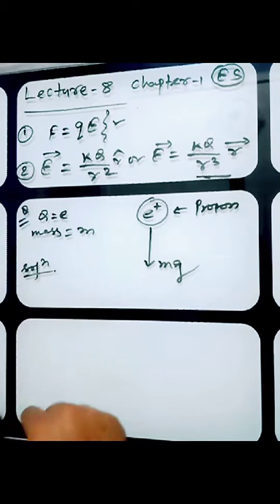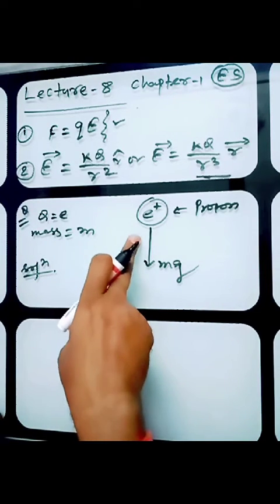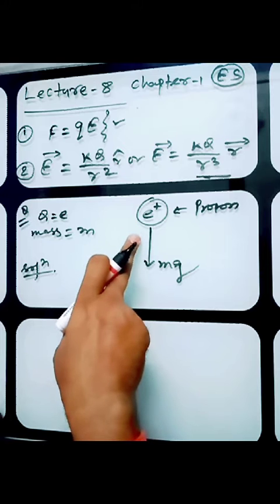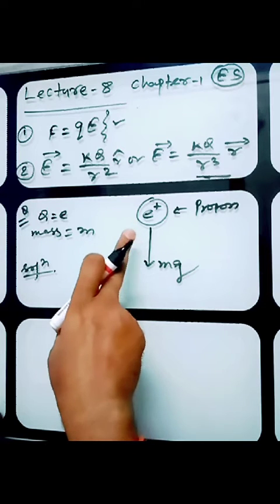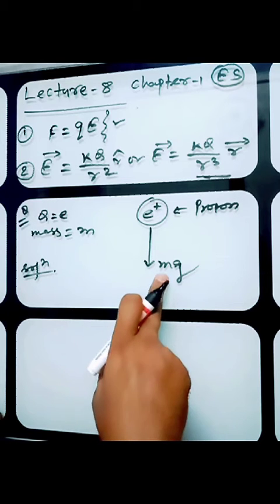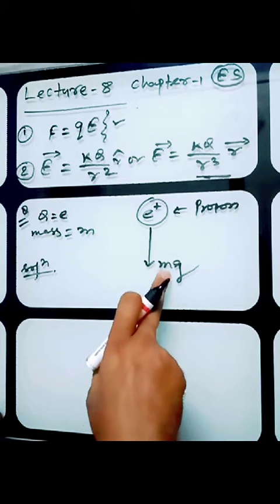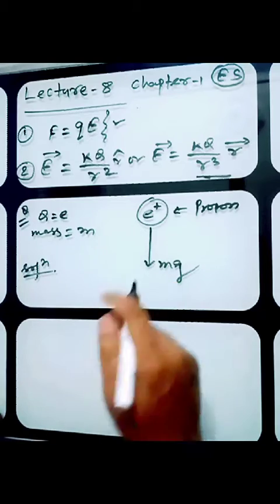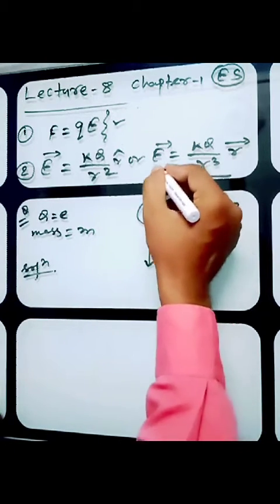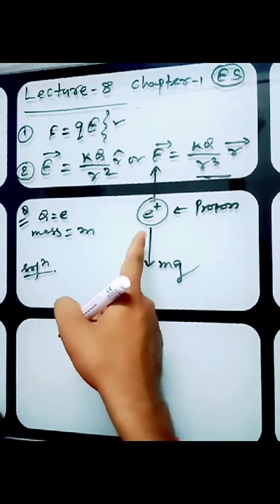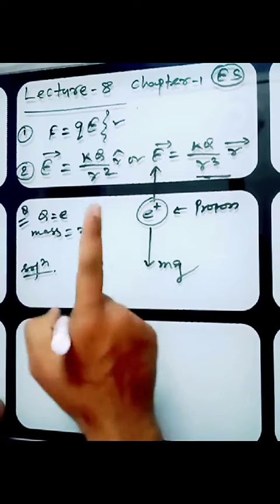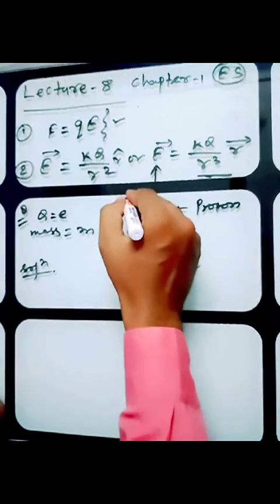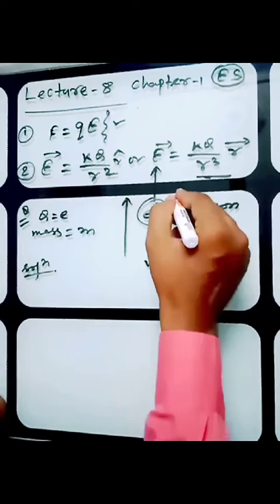Solution. Of course, students, if this is a proton, it's positively charged, and if it is balanced, it should move down due to gravity, but it is not moving down. It means there's some force acting in upward direction, of course, and this is positive charge. Then it is quite obvious the direction of electric field is upward.